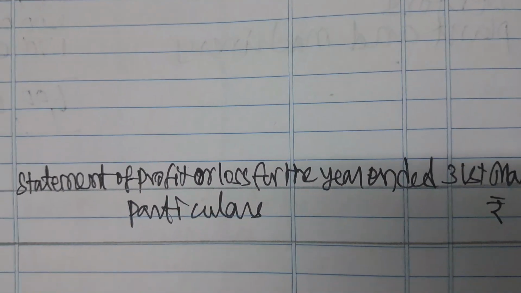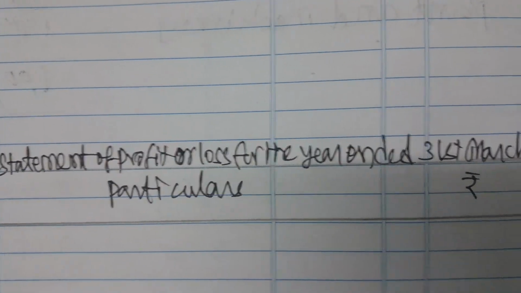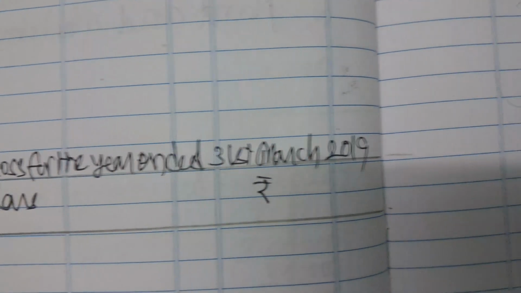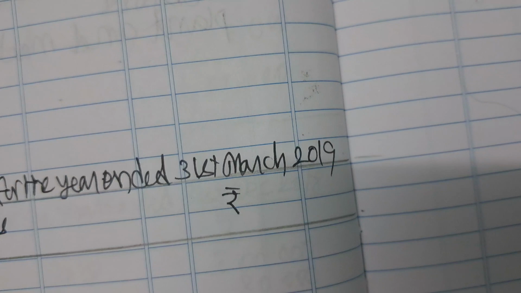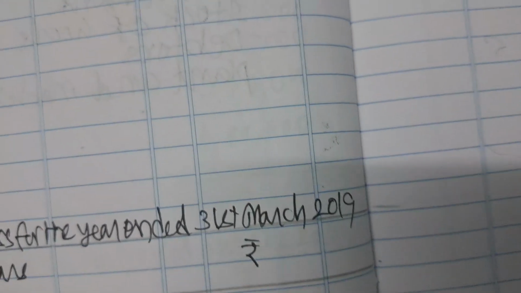And then statement of profit or loss for the year ended 31st March 2019: particulars, rupees. Okay. First we shall prepare the opening statement of affairs to find out the opening capital.